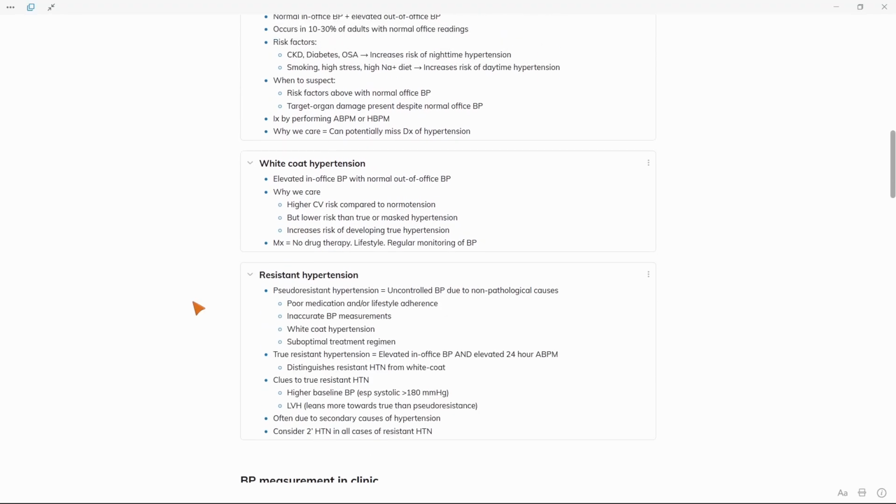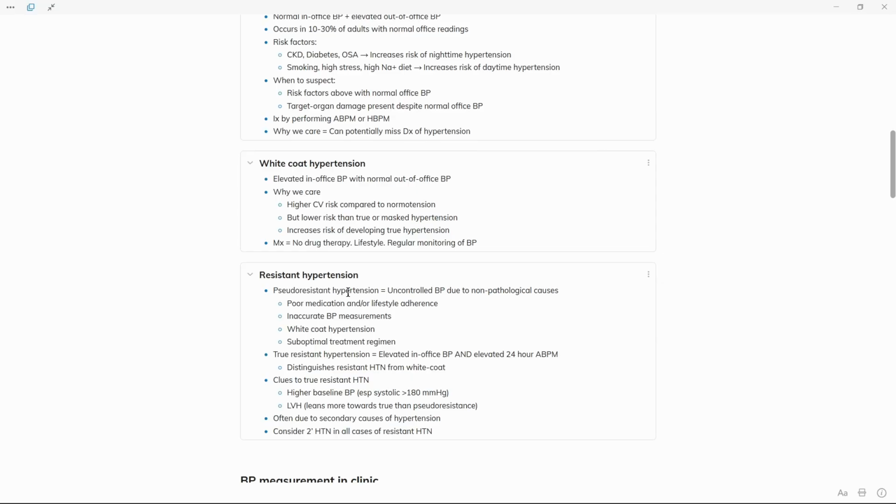The last one to cover is resistant hypertension. To talk about resistant hypertension, we need to also talk about pseudo-resistant hypertension. Pseudo-resistant hypertension is where the patient appears to have resistant hypertension, that is, their blood pressure is uncontrolled, but it's not uncontrolled for reasons that we cannot identify, but rather it is uncontrolled due to non-pathological causes. So there are other factors that are driving the patient's apparent uncontrolled hypertension.